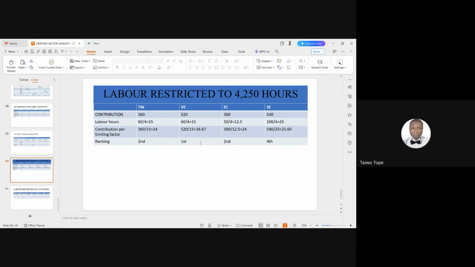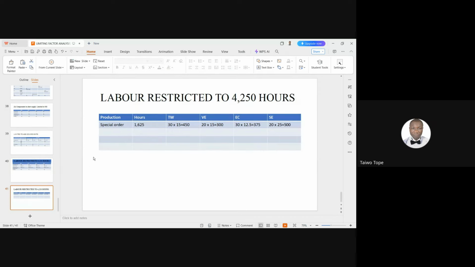Fine. So let's come back here. Which is ranking first? VE is ranking first. For VE, we have 20 as a special order, and overall we have 200. We produce 20 as a special order, so we are left with 180.